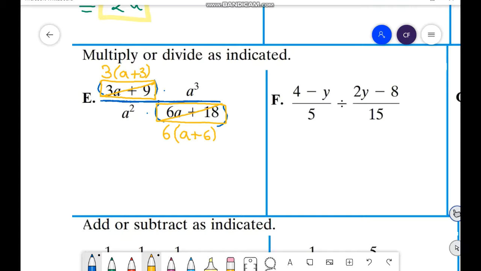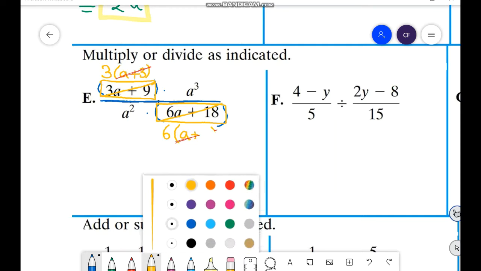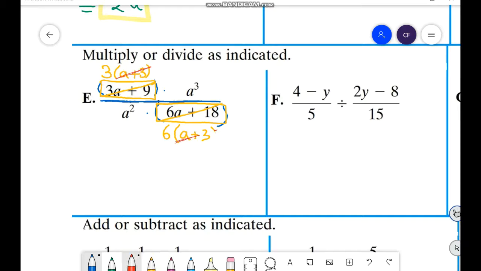It's important because we're going to find a few factors that can be cancelled out. A plus, oops, no, my mistake. This is 3 times a plus 3, you can simplify with a plus 3. 6, you can divide by 3 and it is 2. A squared, you can simplify and subtract here from the exponents.